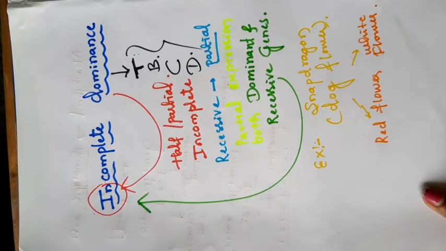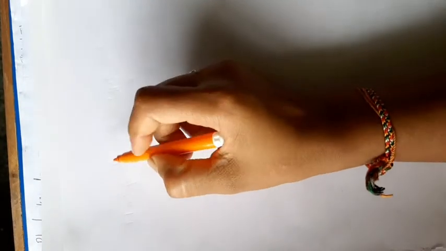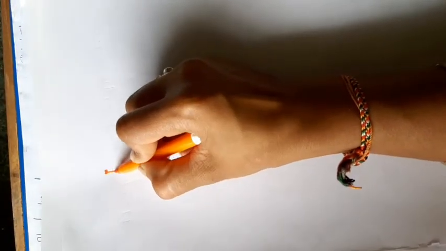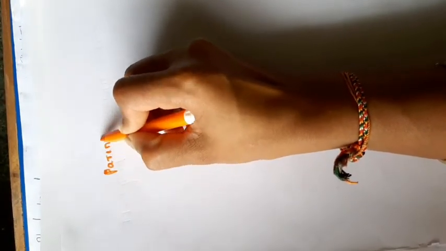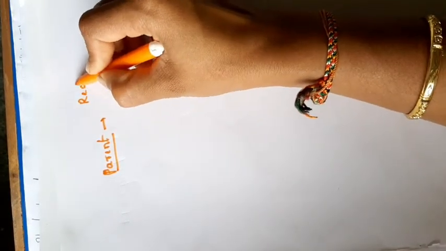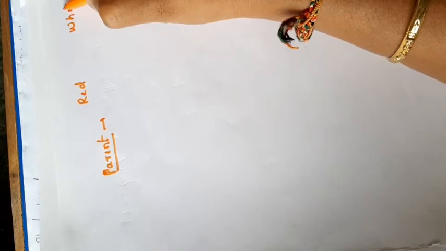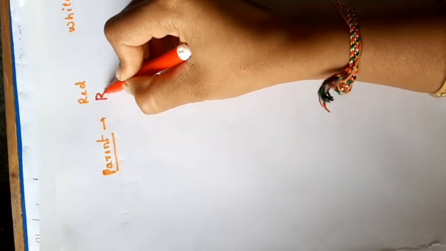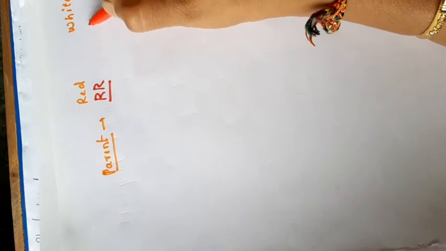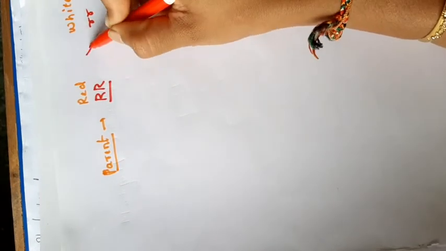Okay. Mendel crossed two homozygous plants, red and white. Red color flowers are symbolically written as capital R, and white as small r.